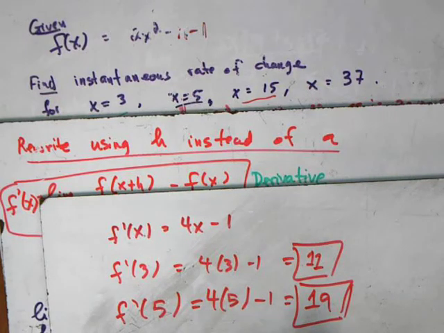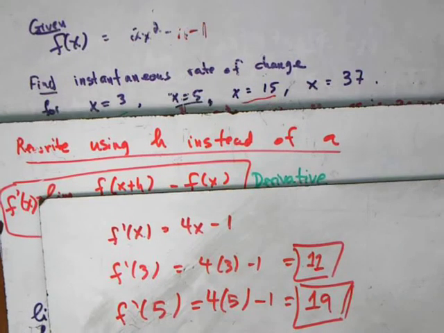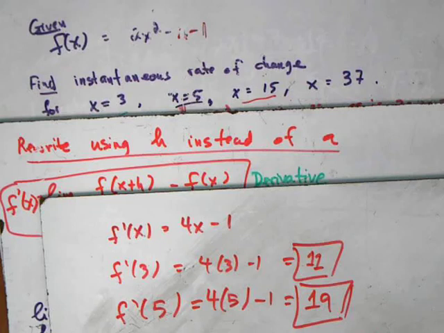Just 4 times 15 minus 1, and that's 59. F prime of 37 is equal to 4 times 37 minus 1. A considerably easier problem to do. This is 120 plus 28, so 148 plus 28, I'm sorry, which is 148, minus 1, 147.